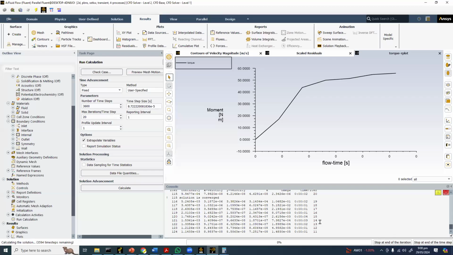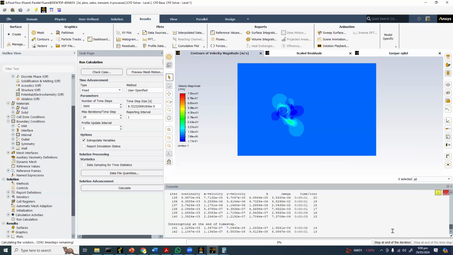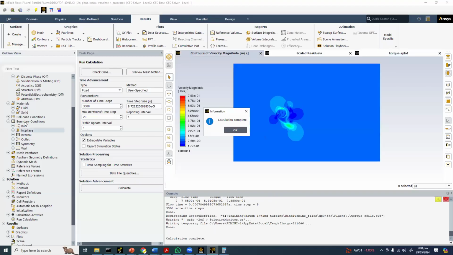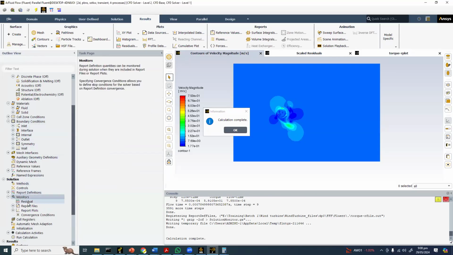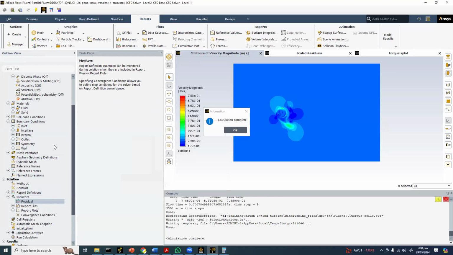Okay, it was converging in very few iterations, so I will stop here and go to my monitors and put some more zeros here. Again, run calculation.